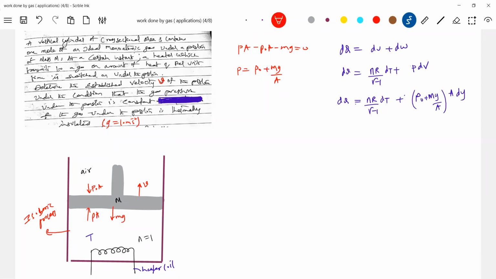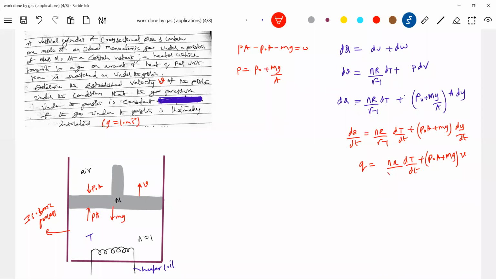So dQ by dt is nR by gamma minus 1 times dT by dt, plus P naught A plus mg, because the A I'll send inside, times dy by dt. dQ by dt is Q. This is the general thinking a student will have. dy by dt is V. Now, what to do with the rate of change of temperature? We don't have any information, no?